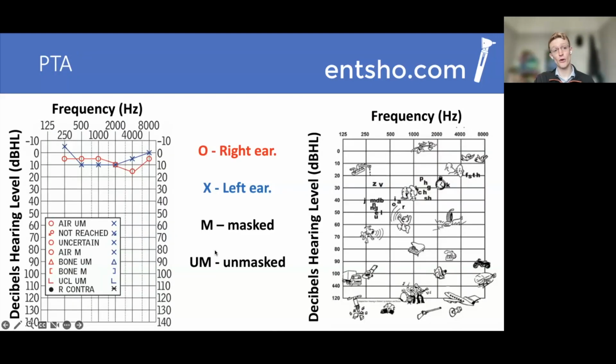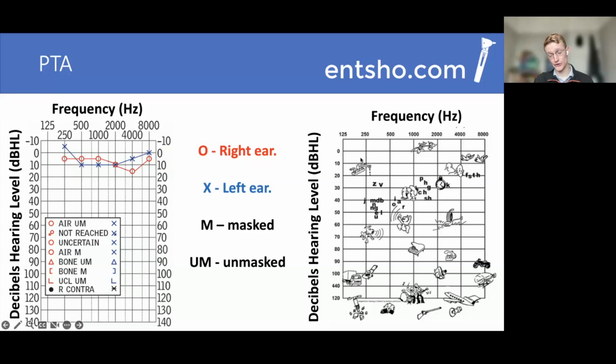For those of you who are not familiar with a pure-tone audiogram, you have frequency along the x-axis and volume on the y-axis. Right ears tend to be circles and left crosses, and this is just to give you an idea of volume. So if somebody can only hear things at 120 decibels, that's equivalent to a jet taking off. So they really can't hear very much.